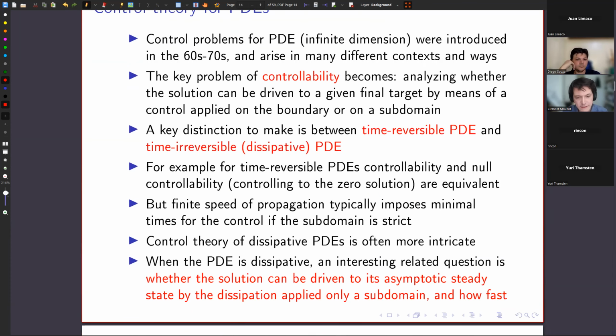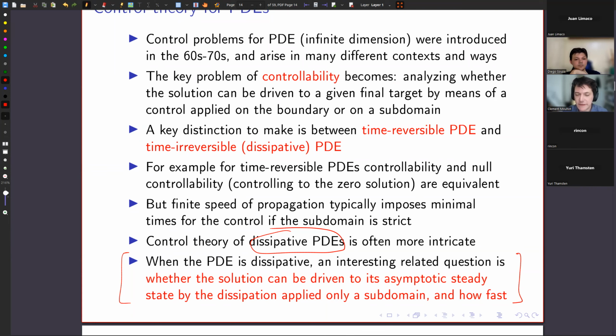Okay. I'm going to look at this more complicated case of dissipative PDEs, and I'm going to look at a class of dissipative PDEs that is ubiquitous in statistical mechanics, gas dynamics, and in fact, that is underlying a lot of fluid mechanics. I'm going to look at a class of linear kinetic PDEs.